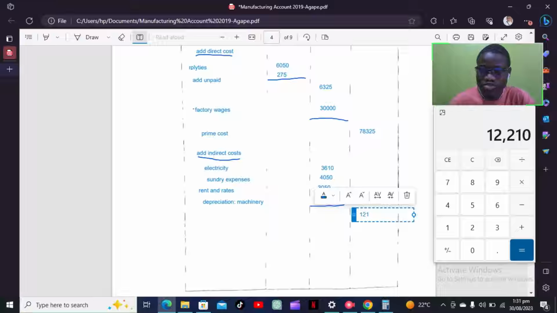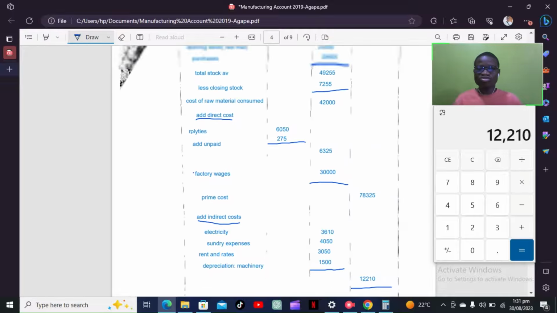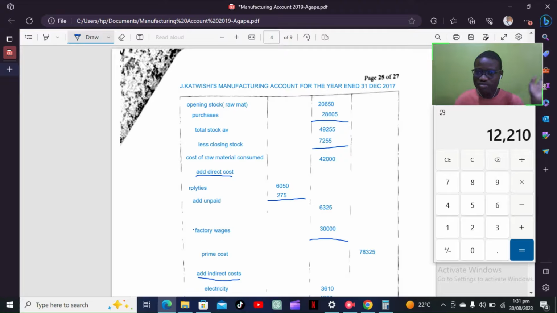2,210, like so. Then when we reach here, like I mentioned, there is not much subtracting and all that. Here is simply the issue of adding figures to find the sum. That's why they call it the total sum of the cost of producing an item. That's what we do when we're calculating in a manufacturing account.